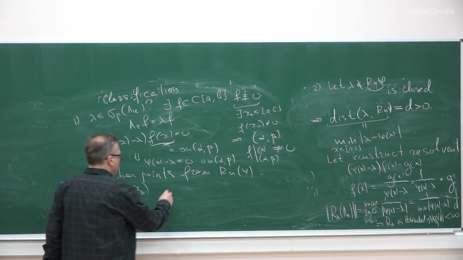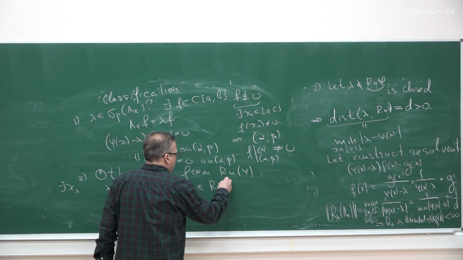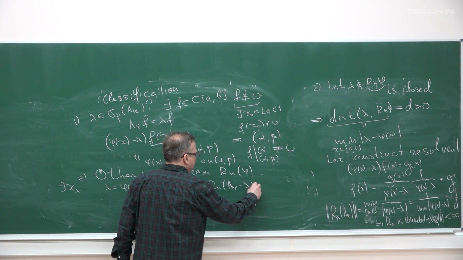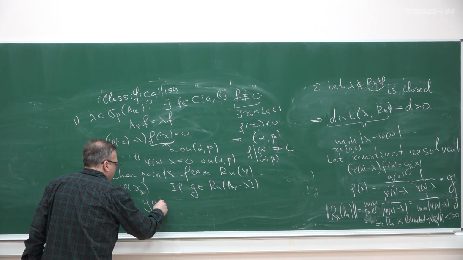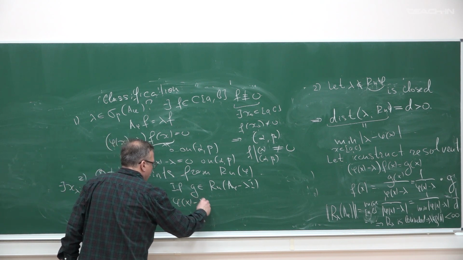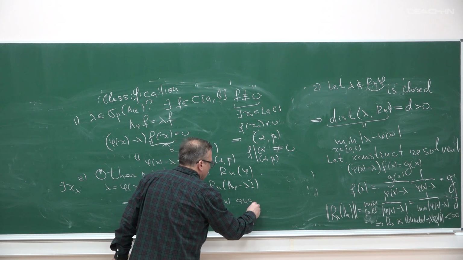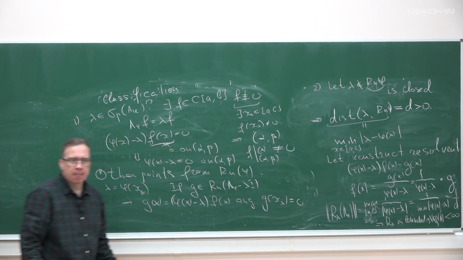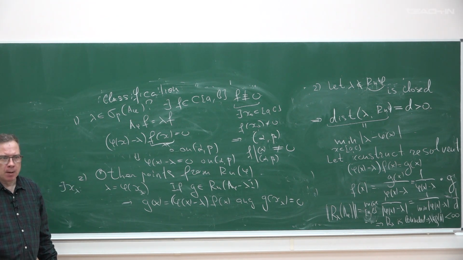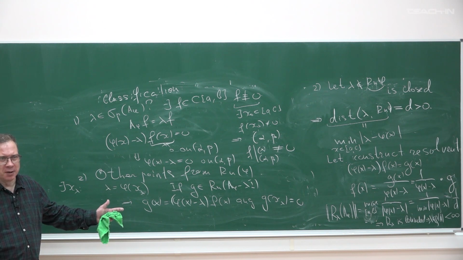So if g lies in the range of the operator A phi minus lambda E, then g(x) equals (phi(x) minus lambda) f(x) for some f, and g(x lambda) equals 0. We wrote it five minutes ago, but we need to repeat it.